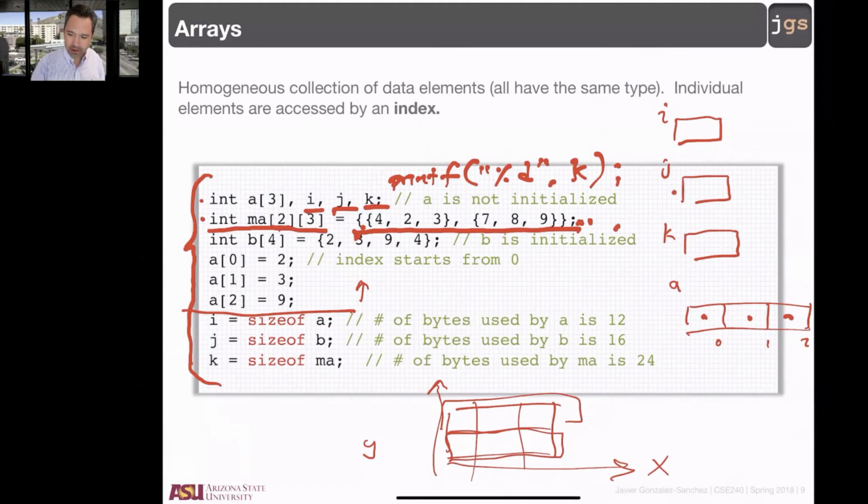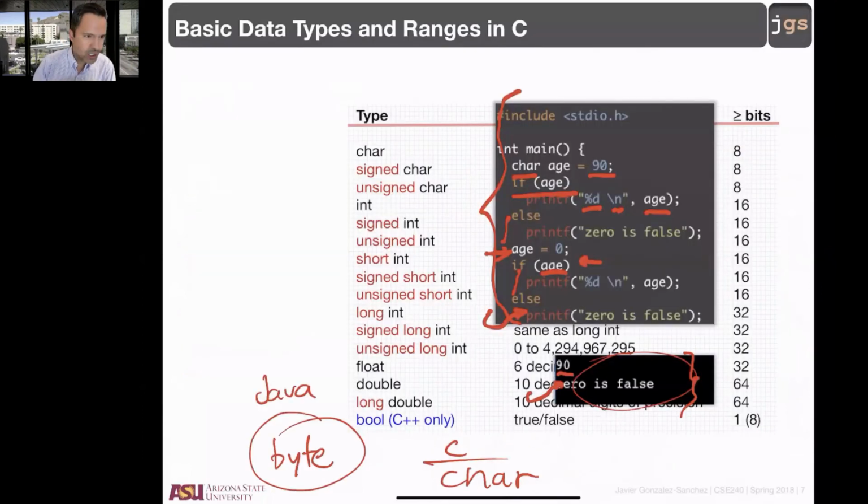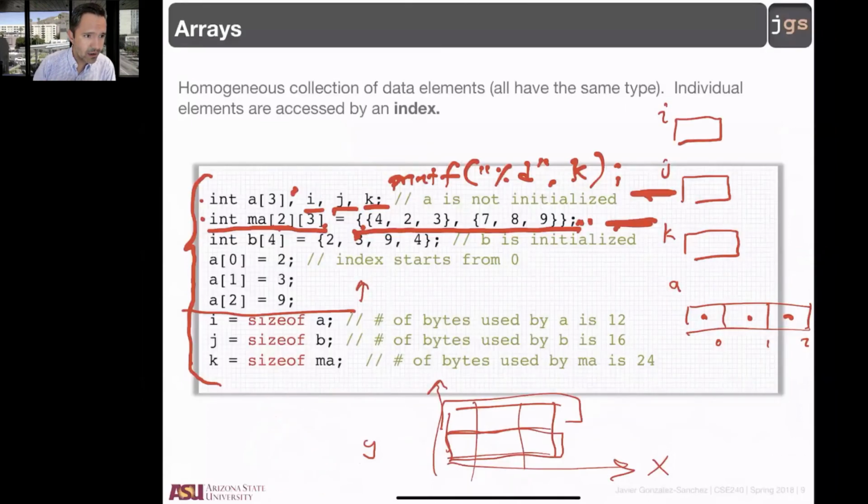Line 1, line 2, similar ideas, things that you can do in Java. Only one thing changed: I do not need the new here. Obviously if I am doing the initialization, I do not need the new. So far, the data types, the size of the data types, and at least this initial idea of the conditions and of the arrays.